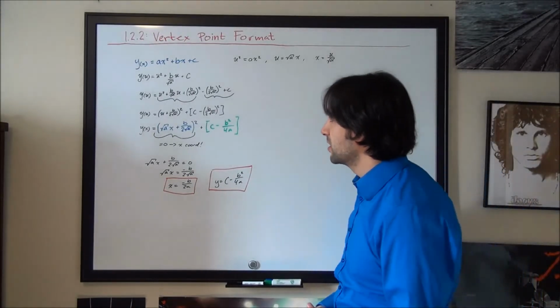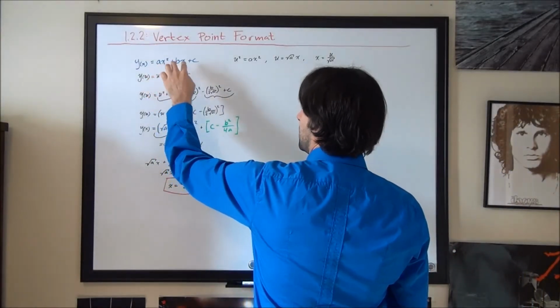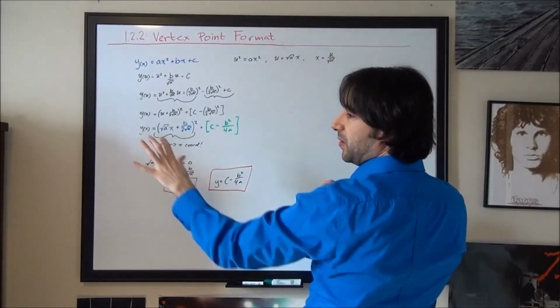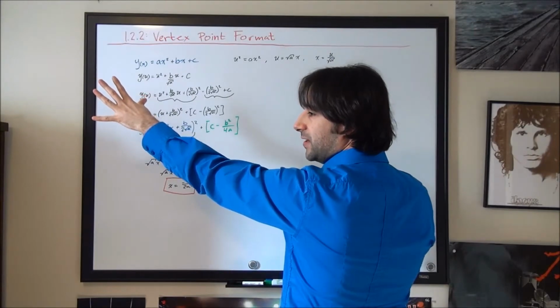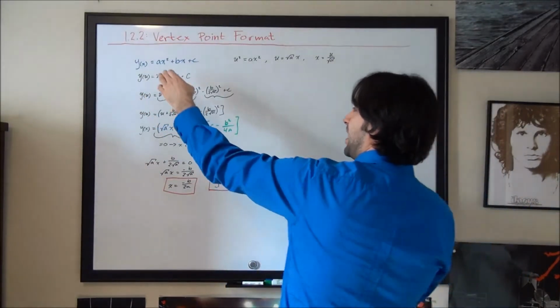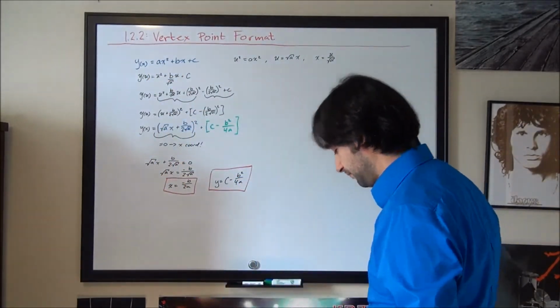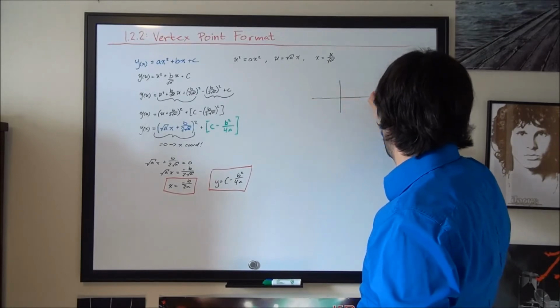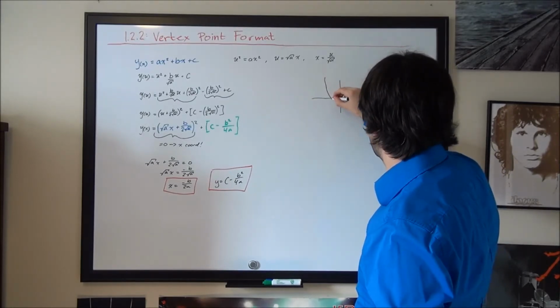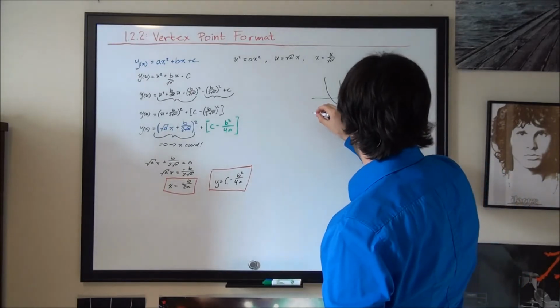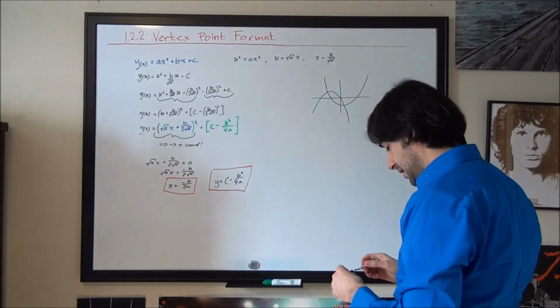And this actually tells us an awful lot about the function. First of all, we can notice that if a is a positive number, then our parabola will go to positive infinity at both x equals negative infinity and x equals infinity. And if a is negative, the opposite is true. So if a is positive, we have a parabola that opens upwards like that. And if a is negative, we have a parabola that opens downwards like that.